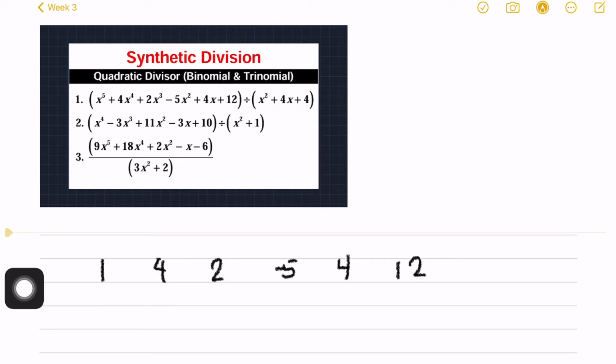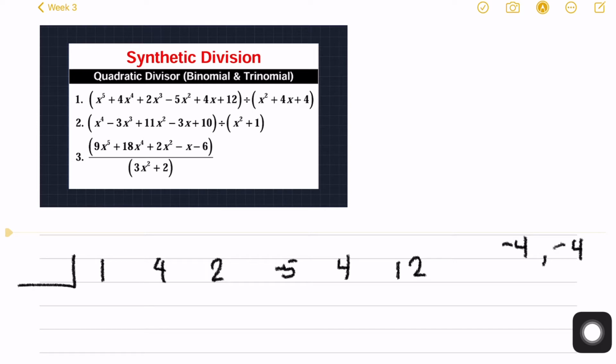So, the middle term is 4 and the constant term is also 4. Gawin lang negative. So kapag positive ang given, gagawin mong negative. So the two numbers to be used sa corner ay negative 4 and negative 4.